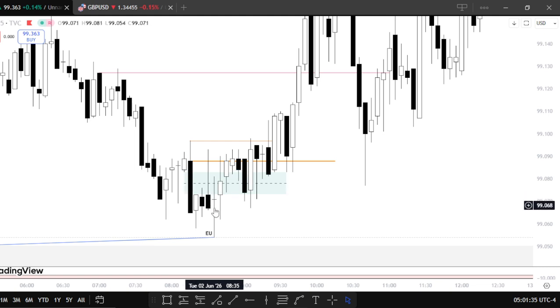This is so obvious. So this 8:30, when we created this rejection, okay, I waited for this to close in the upper half and I marked this as SMT because usually you should mark SMT after we close above this one.